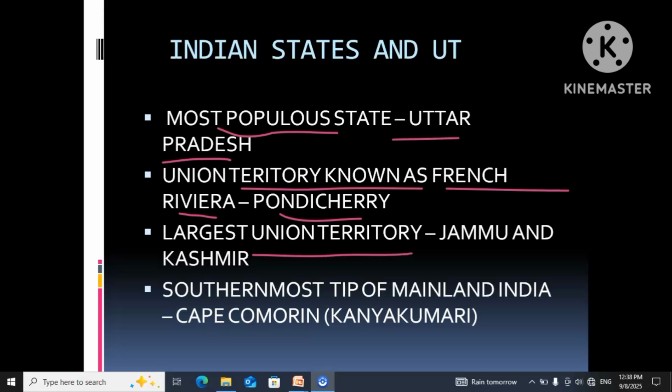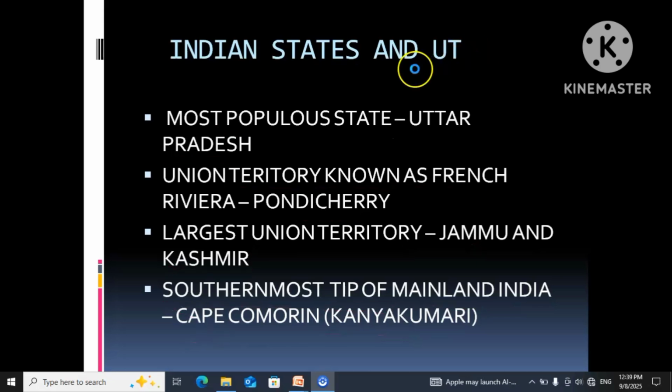The largest union territory is Jammu and Kashmir, added some years ago. The southernmost tip of mainland India is Cape Comorin, Kanyakumari.